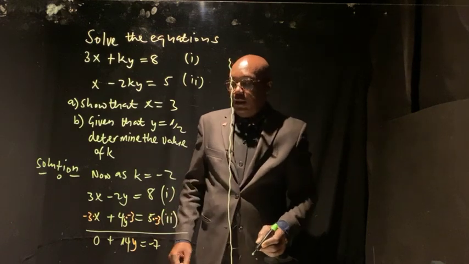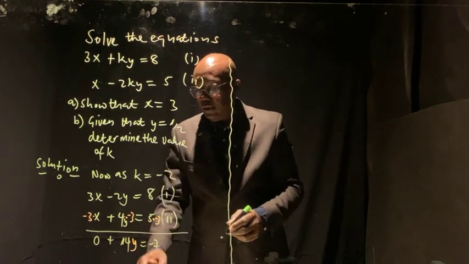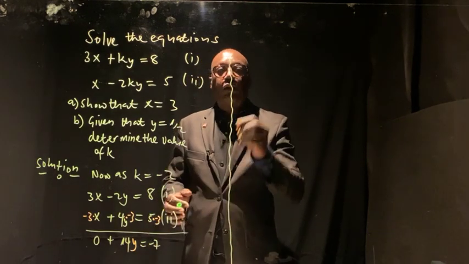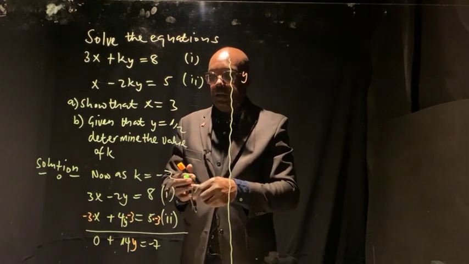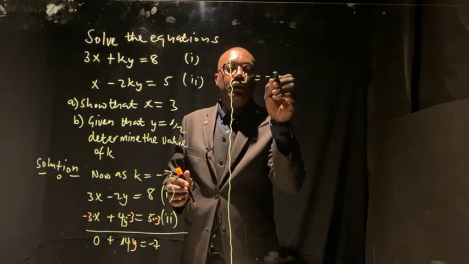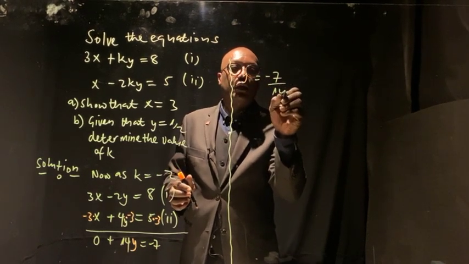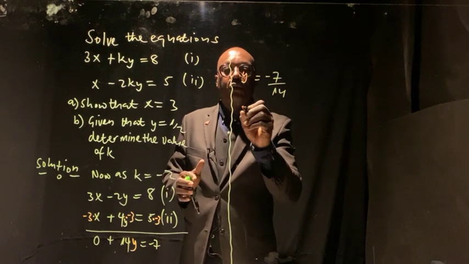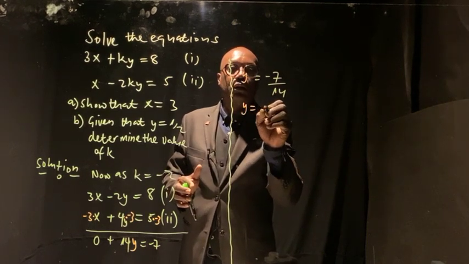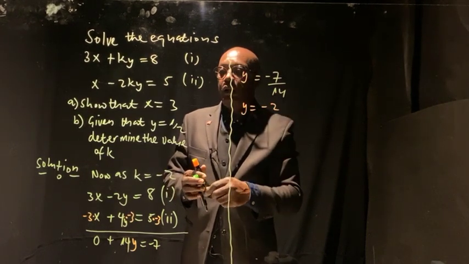Now, we are left with y equal to -7 over 14. We have y equal -2.